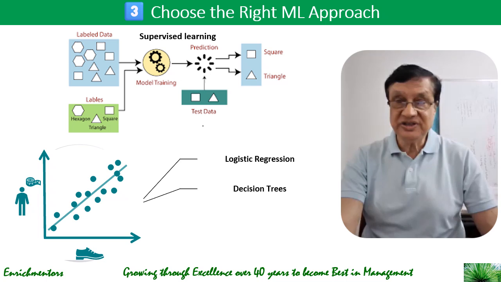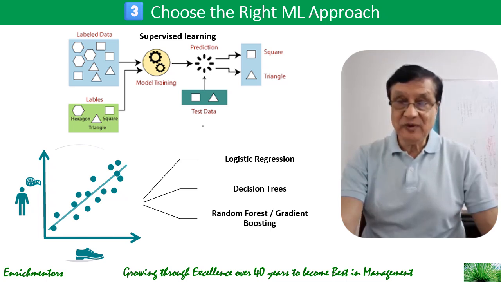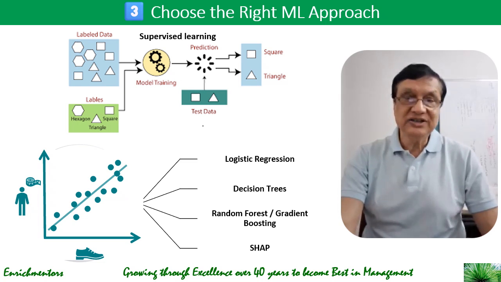Then there are decision trees, which show rules that lead to a bad outcome. Then there are random forest and gradient boosting, like XGBoost and LightGBM, which handle non-linear relationships well and can rank variable importance. And there is SHAP, Shapley additive explanations, which is a model-agnostic method to explain feature contributions. So like this, you choose the right machine learning approach.